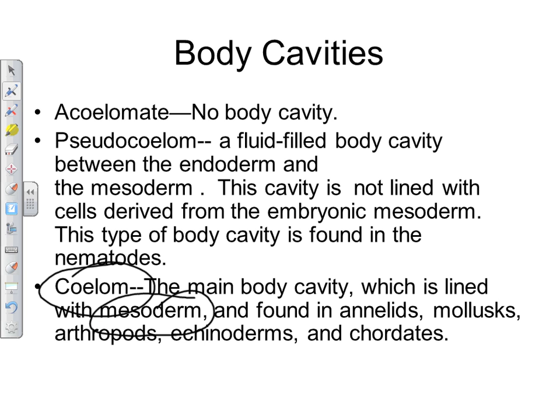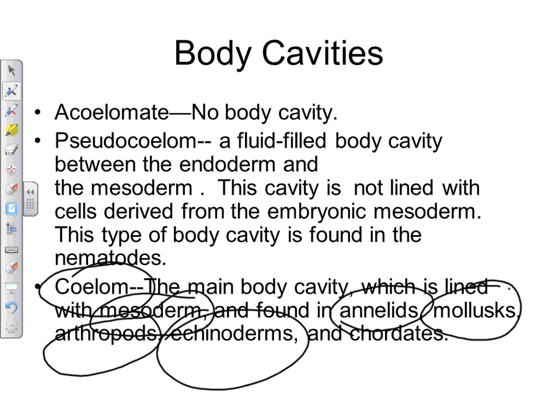That includes things like the annelids. Anybody remember what we said those were? Annelids? Sort of like earthworms and leeches, segmented worms. The mollusks are like clams and oysters, scallops, snails, slugs. The arthropods, we said, were what? Insects and crustaceans. The echinoderms, we said, were what?